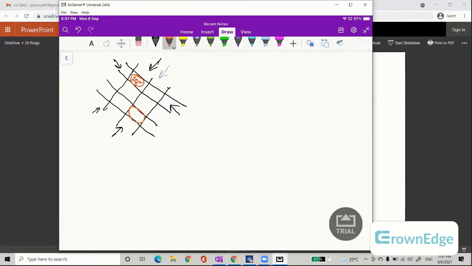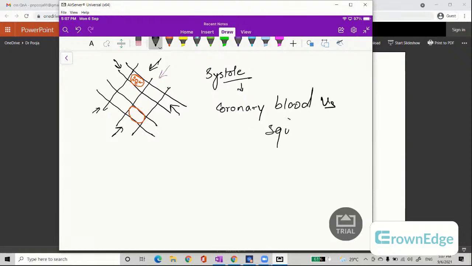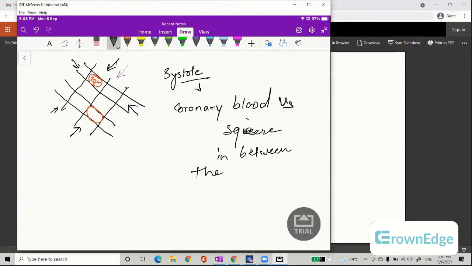So that's why during the systole, the coronary blood vessels are going to squeeze in between the muscles.